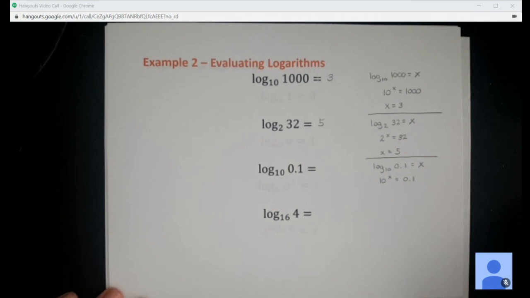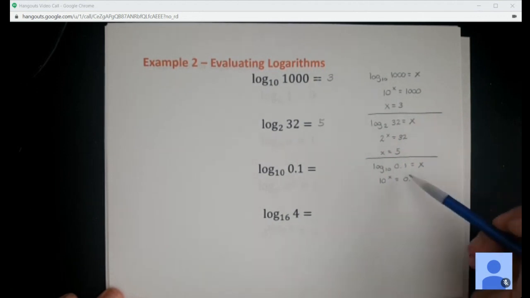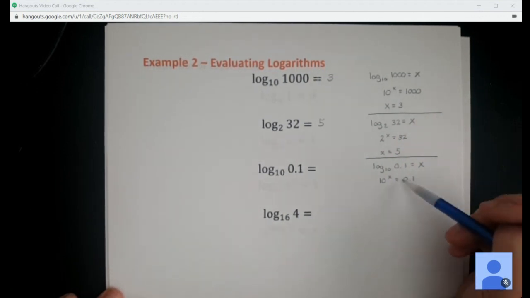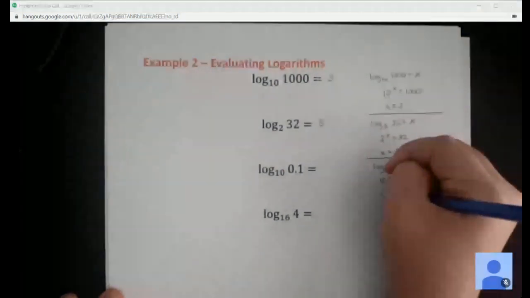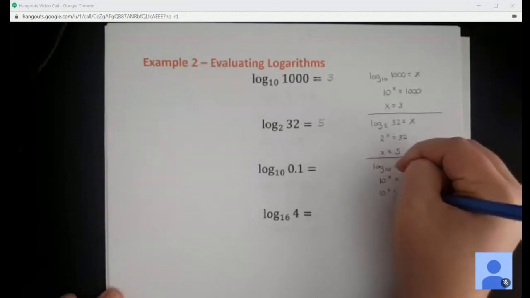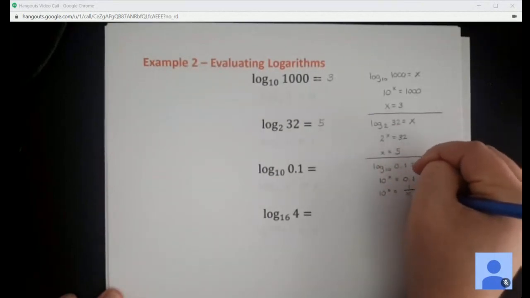Yes. Okay, so Sarah says -2. You're close, right? Okay, so in this case, it is going to definitely need to be a negative, right? Because I want to end up with a decimal. It should be -1. So what would 0.1 be as a fraction? Tell me that. 1/10, right? So this is like saying 10 to the x power equals 1 over 10.